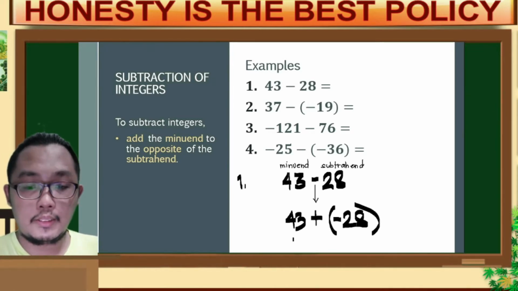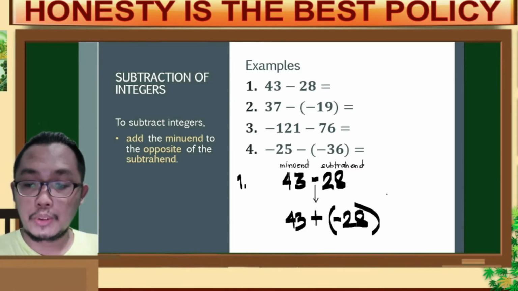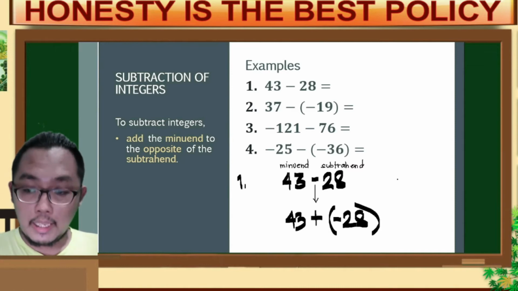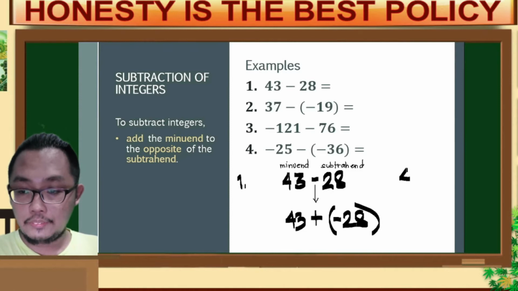With this, you will now be performing the rules of addition. Since we have two different signed integers here, we must perform the addition of unlike signed integers, for which we have to subtract the absolute values of these numbers, starting with the larger absolute value, 43, while this one has an absolute value of 28.